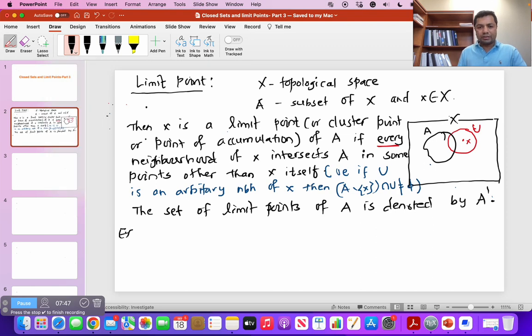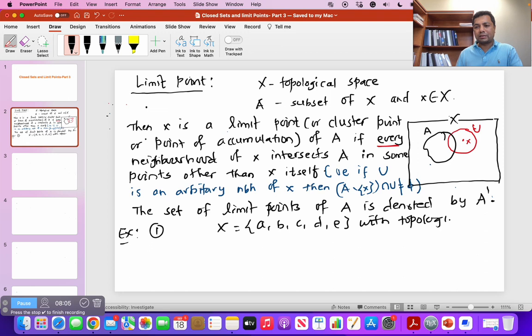Here is our first example, number 1. Let's say X is a topological space whose elements are a, b, c, d, and e, with the topology tau.